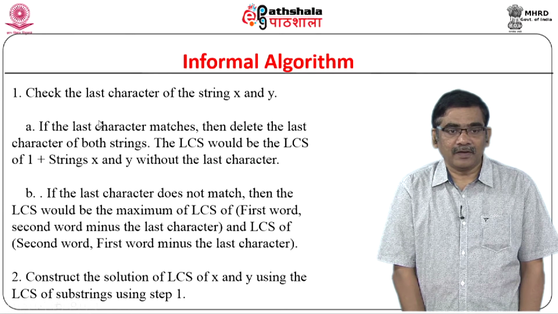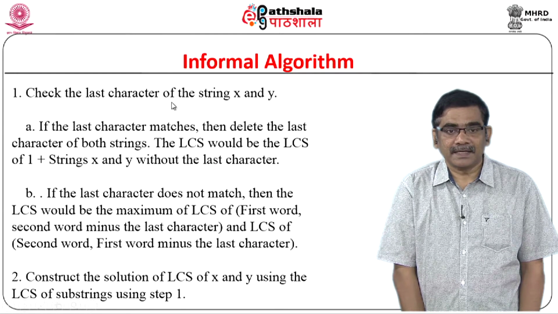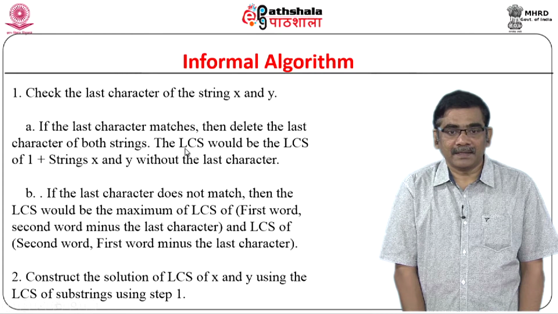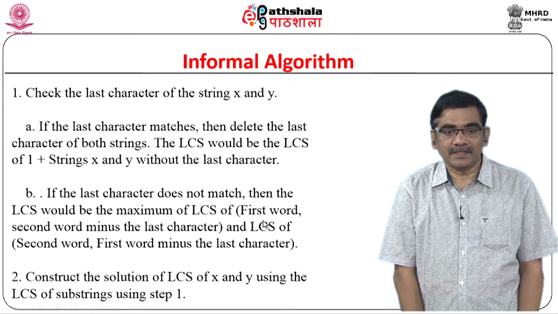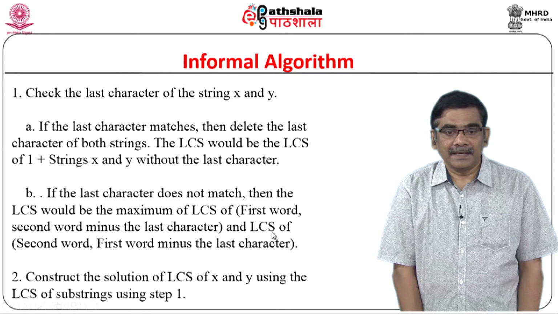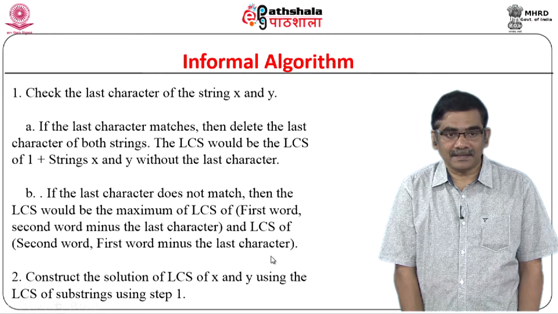Fine, this is the informal algorithm. Check the last character. If the last character matches, then delete the last character in both the strings, and the LCS will be 1 plus the LCS of x and y without the last character. If the last character does not match, then it is going to be the LCS of the first word and the second word minus the last character, and the LCS of the second word and the first word minus the last character.